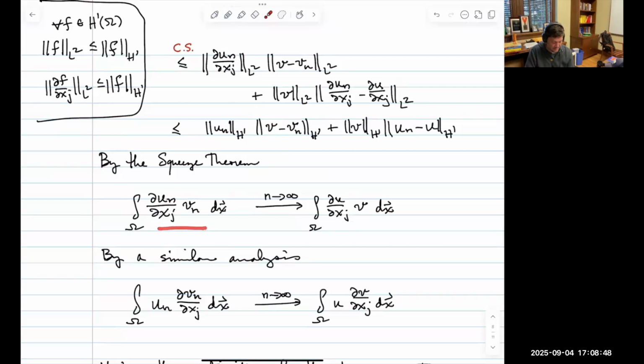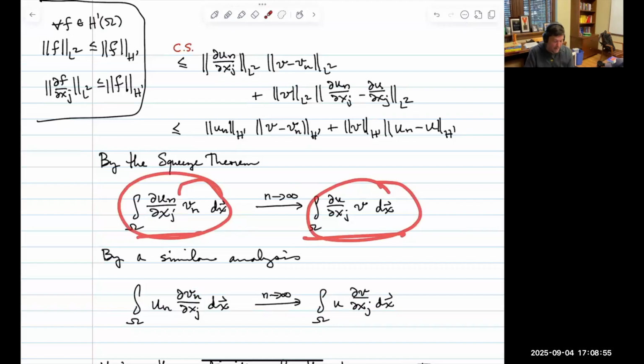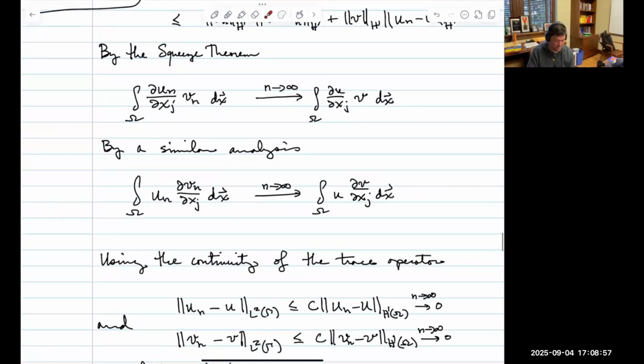The squeeze theorem tells us that this integral converges to that integral. That's just a number. By a similar analysis, I can show that this number converges to this number. All I've done here is swap the roles of u and v, so the analysis is really exactly the same.